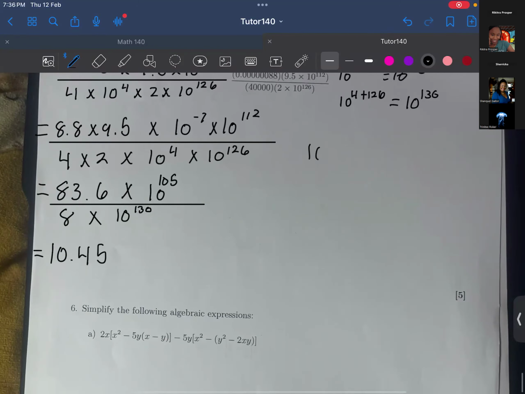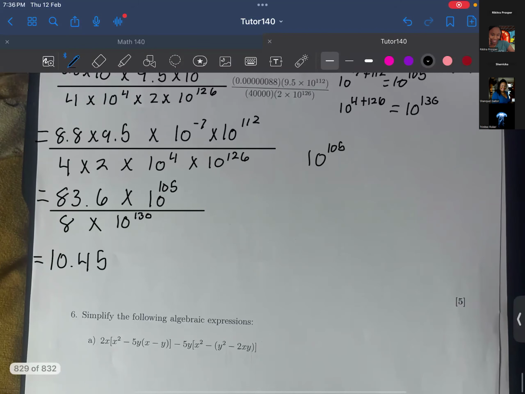And then we have 10 to the power of 105 divided by 10 to the power of 130. So that could be 10 to the power of 105 minus 130, which is equal to 10 to the power of negative 25. So you have 10.45 times 10 to the power of negative 25.